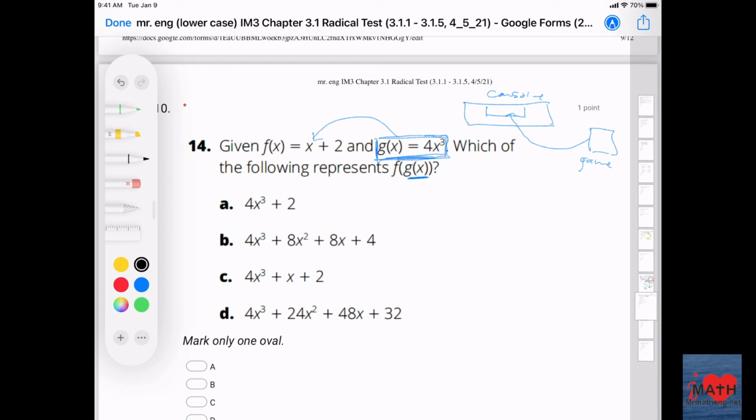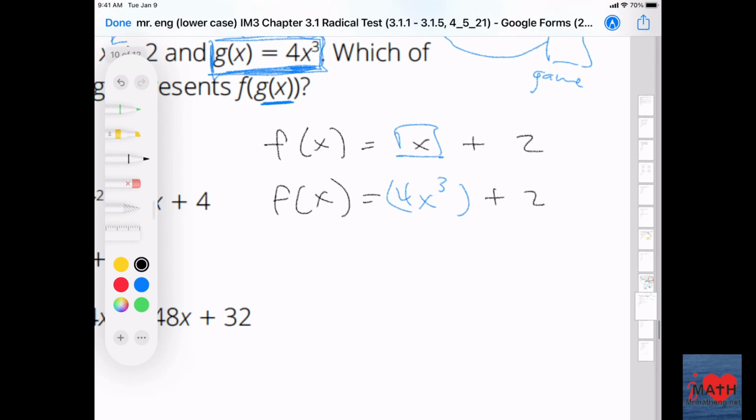Okay, so let's write out f of x. And basically, like we said, instead of writing this x now, I'm going to do 4x to the third power. There's my substitution.